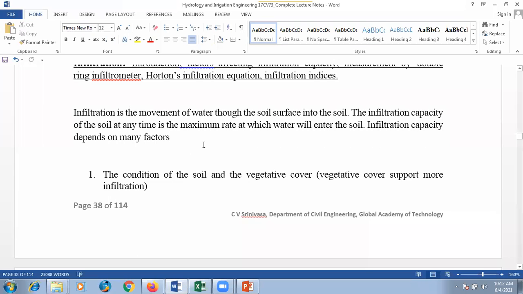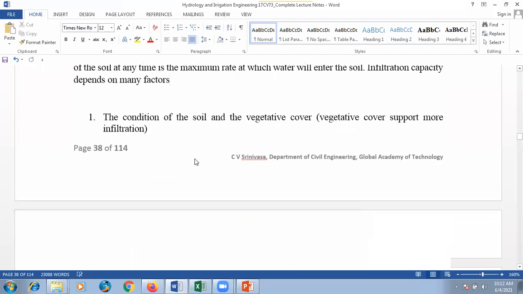So here, the various factors which influence infiltration capacity are the condition of the soil and the vegetative cover. Again, I go back to the type of soils like clay, silt, loam, gravel. When you compare gravelly soil or sand with clay, the porosity is much higher in a gravelly soil as compared to fine-grained clay soil.